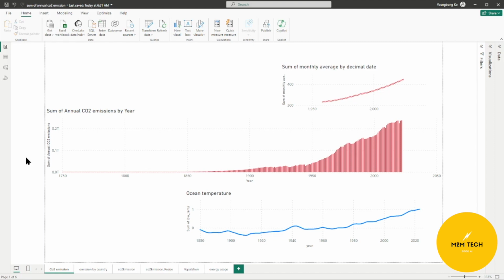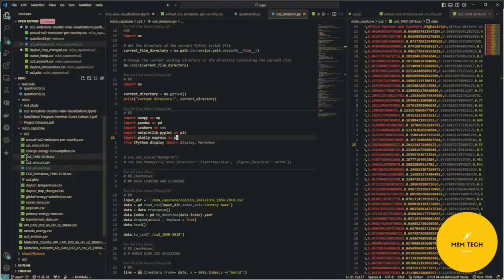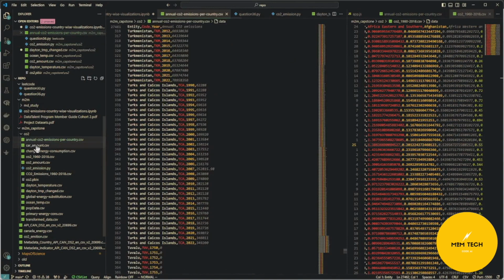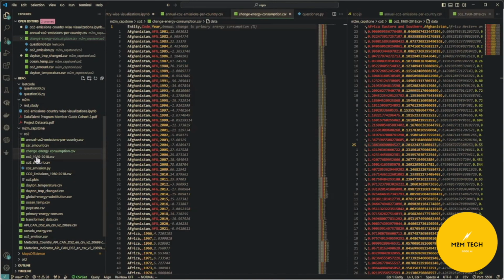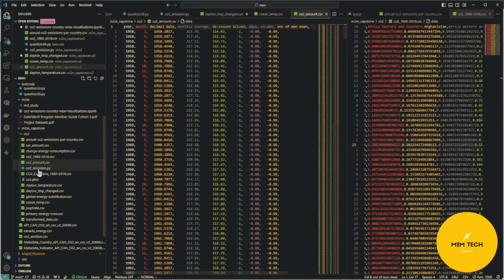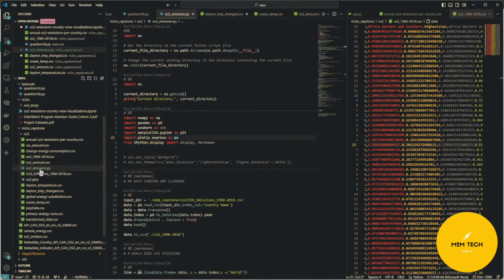Especially for this capstone project, the main point was handling data from many sources into a similar format. These are the data sets I accumulated and managed.